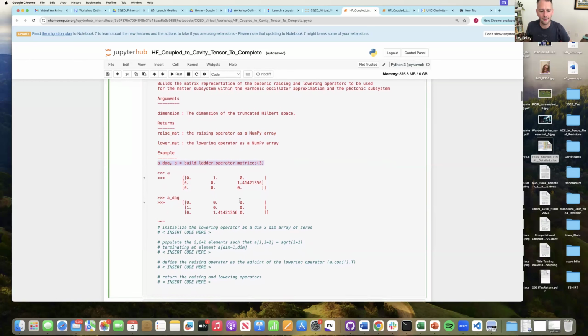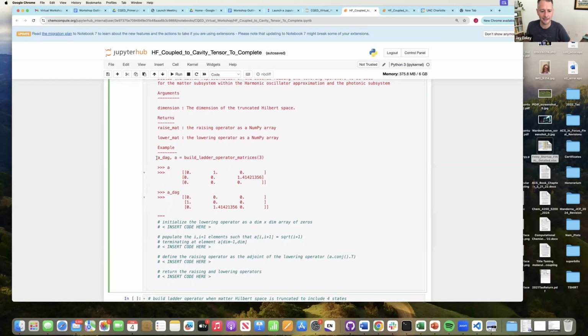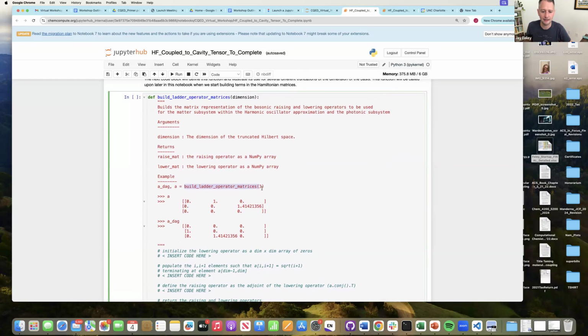So here's the idea: at the end of the day, we want this function to work such that if we call build ladder operator matrices, open parentheses 3, it would return two matrices, a dagger and a, or something that we could capture in the matrices a dagger and a.